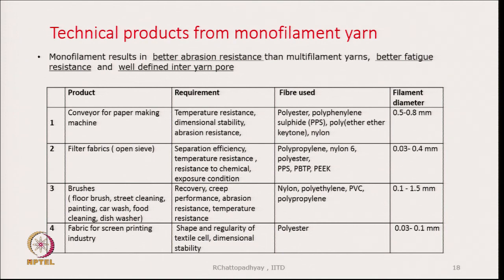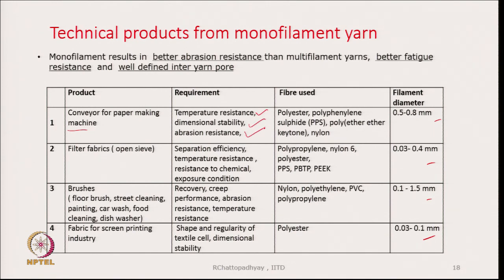So, here also some products are stated, the type of fibers which are used is also given, and the typical fiber diameters or filament diameters which are used. So, conveyor for paper making machines: the requirement is temperature resistance, dimensional stability and abrasion resistance are very important.